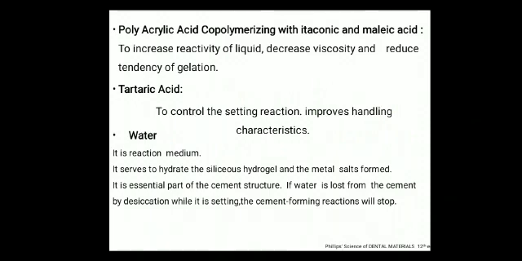Tartaric acid acts to control the setting reaction and improves the handling characteristics. Water acts as a reaction medium and also serves to hydrate the silica hydrogel and metal salts formed.